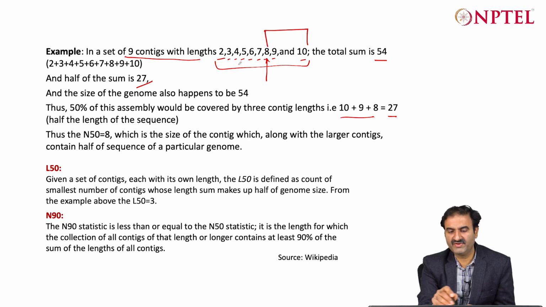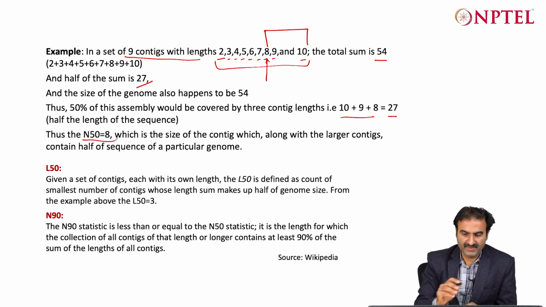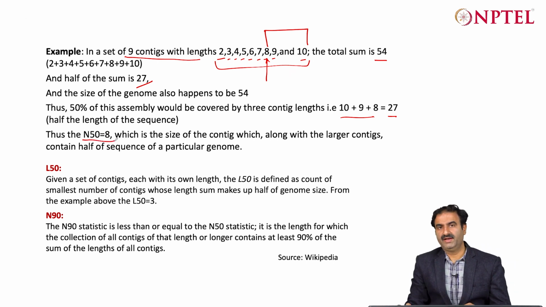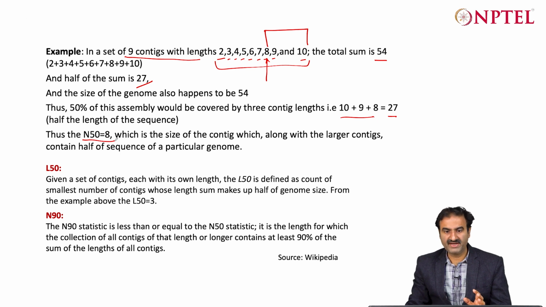The rest of the assembly on the left side represents the shorter contigs and the right side represents the longer contigs. So N50 in this case is 8. Now the second thing that you should look at is L50.